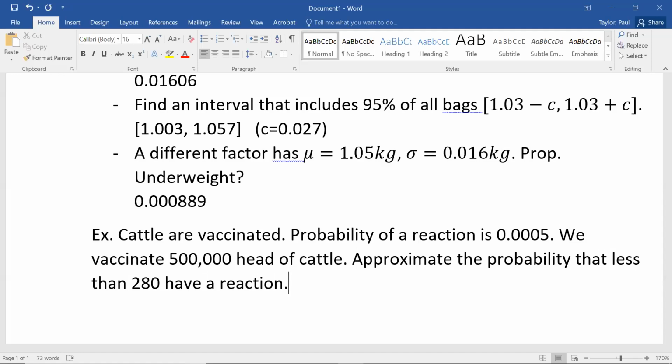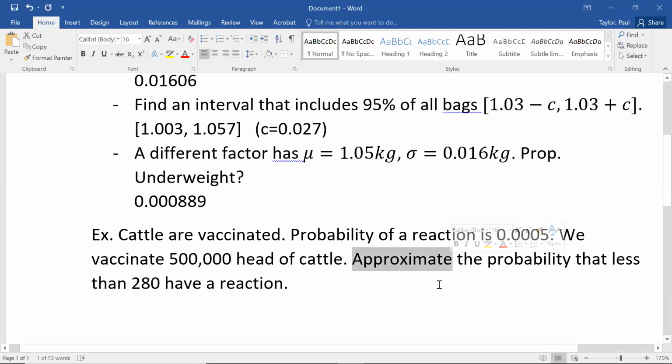Why is it approximate here? Well, because we could find the exact probability. This is a binomial distribution question. We have an experiment. Probability of a reaction is 0.0005. We were repeating that trial 500,000 times. The binomial distribution will tell you the probability that 280 or less have a reaction.